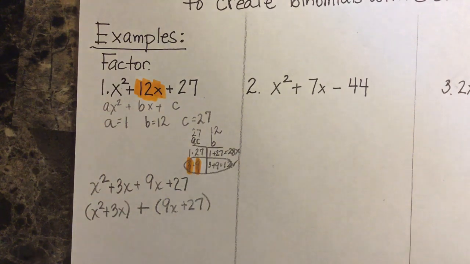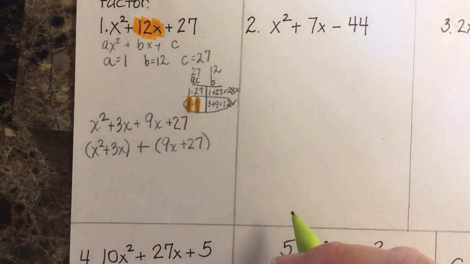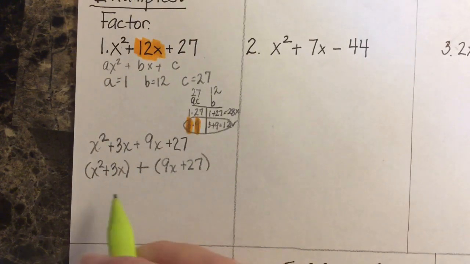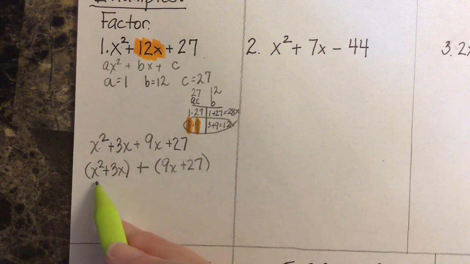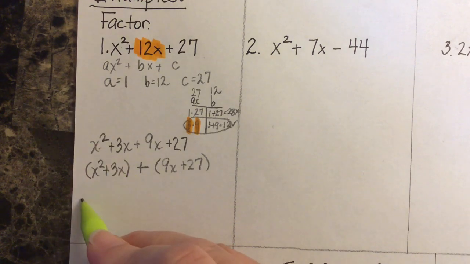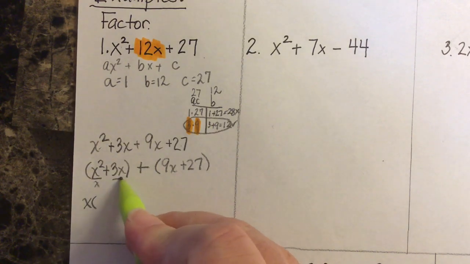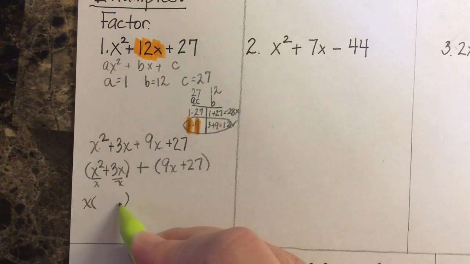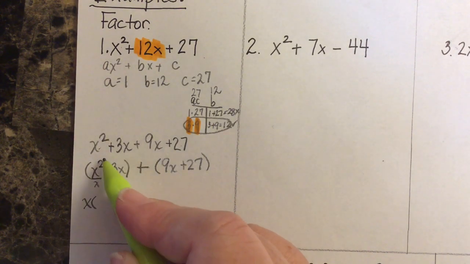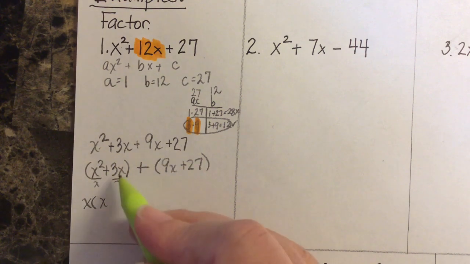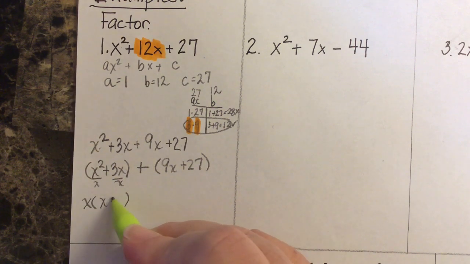Now I'm going to look for the greatest common factor among each of those binomials. So when I look at x squared plus 3x, what is their greatest common factor? That would be x. When I divide each of these by x, the answer will go inside of the parentheses. X squared divided by x is x. 3x divided by x is positive 3.